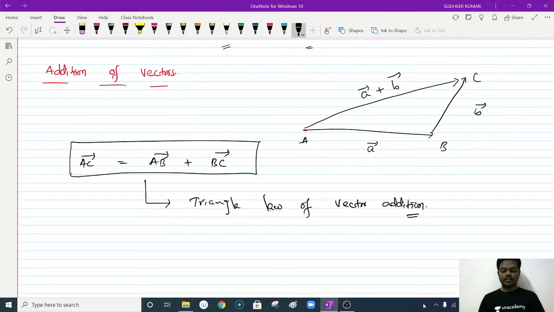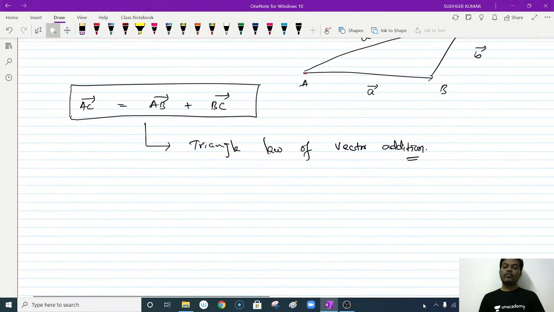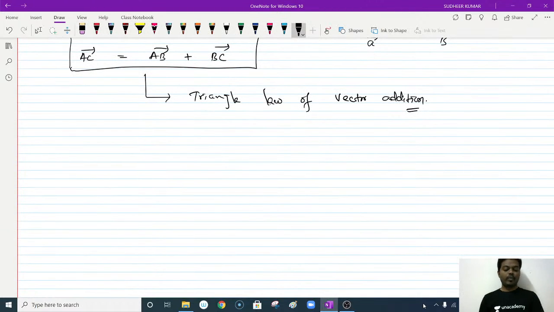So what is the parallelogram law of vector addition?